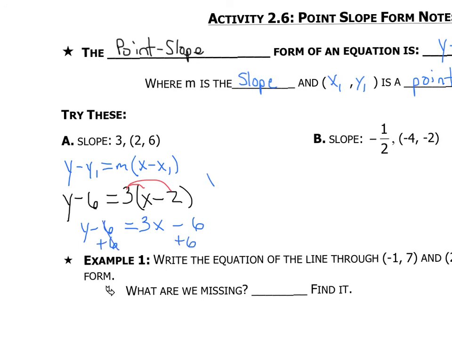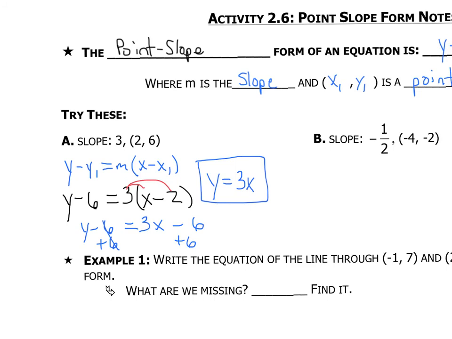So you get y equals 3x, well, negative 6 plus 6 is 0, so that's your equation right there. So pretty simple. Just plug in the values and then solve for y.